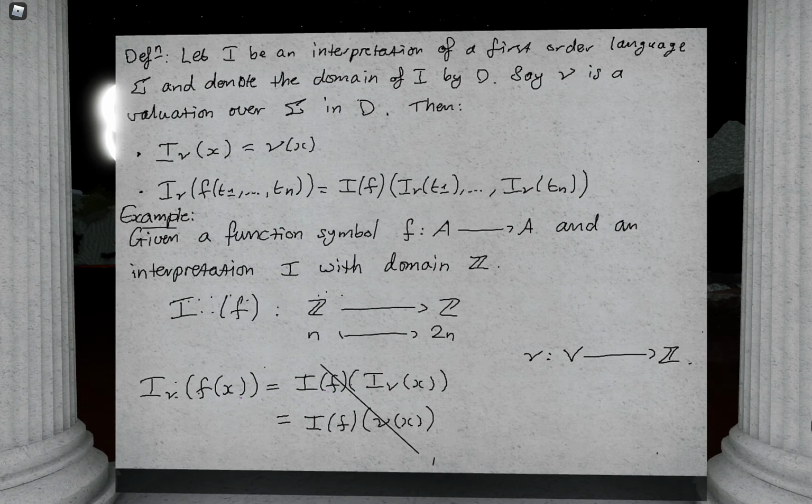You start by interpreting this complex term, and eventually you understand I of f is a function, and I can apply it to some argument. That argument has to be an integer, and I have an integer because nu of x is some integer, and I'm applying a function from integers to integers to it. I hope that's illuminating.